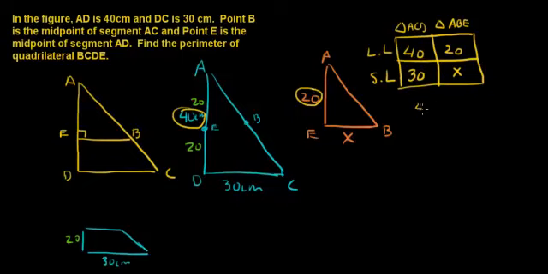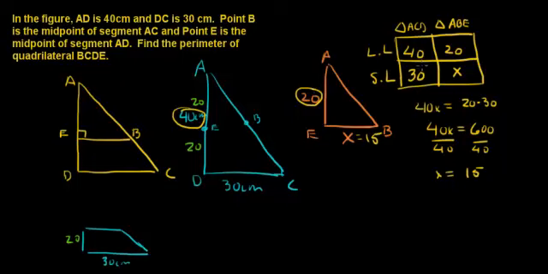Let's set up the equation. 40x equals 20 times 30. So 40x equals 600, divided by 40. So x is going to be 15. So I know this side is 15.